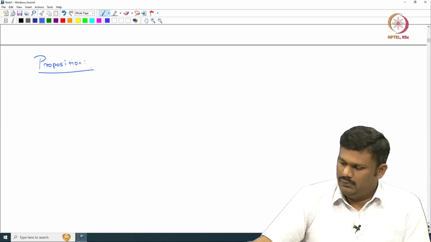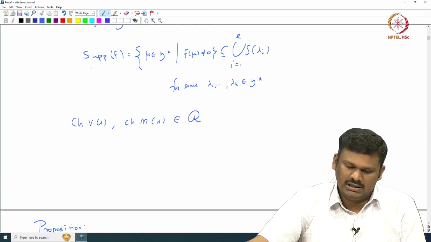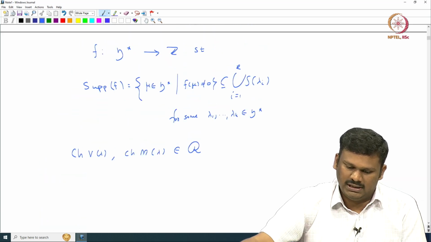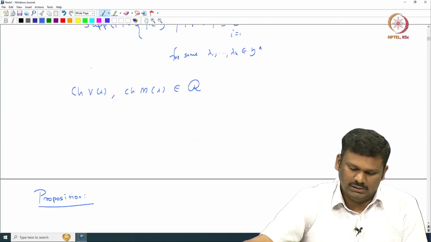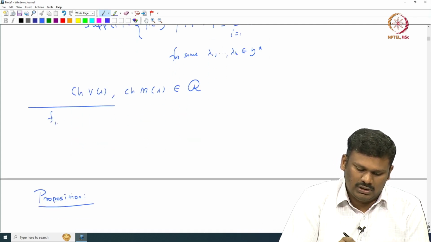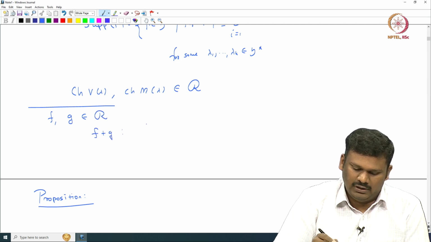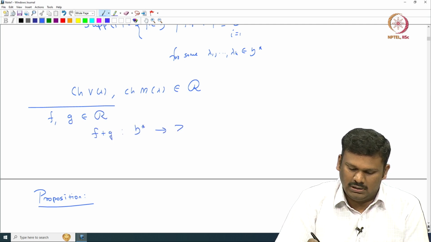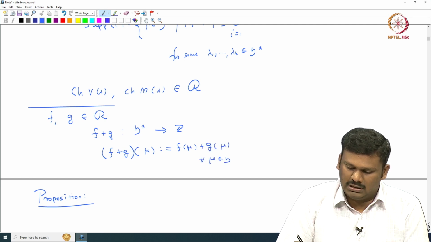So, we have to say what the addition will be. The addition is obvious, it will be the pointwise addition. So, given f and g from R, f plus g is defined to be a function from H star to Z, where f plus g of mu is defined to be just f of mu plus g of mu for all mu in H star.